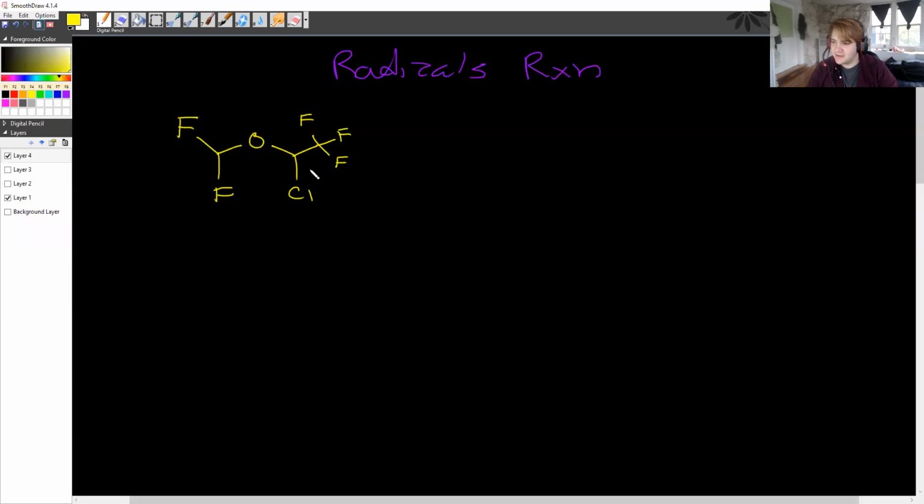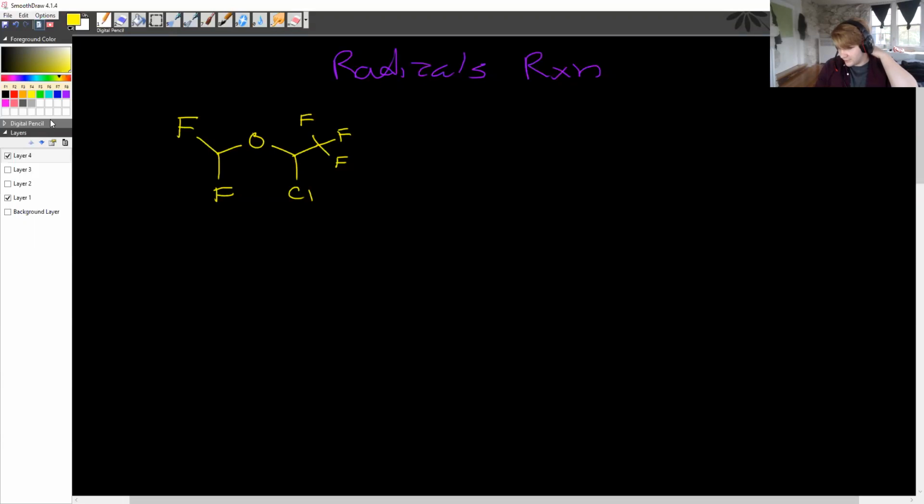The other things, like chlorofluorocarbons, are heavily fluorinated or have chlorines on them. Chlorofluorocarbons, CFCs, are the ones that eat the ozone.